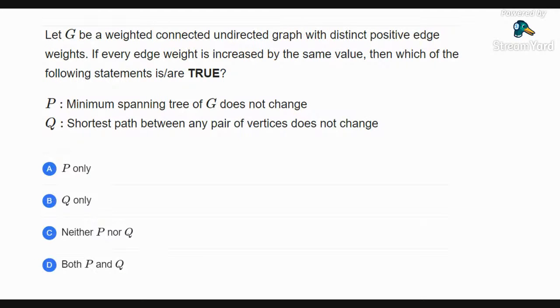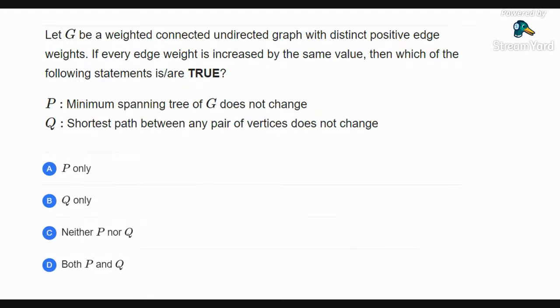That's what it is saying: if every edge weight is increased by the same weight, which of the following statements is true? The second one, the minimum spanning tree of G does not change. Okay, so this one should be correct, because if one edge is increasing, then all other edges are also increasing, so it doesn't change the minimum cost spanning tree.